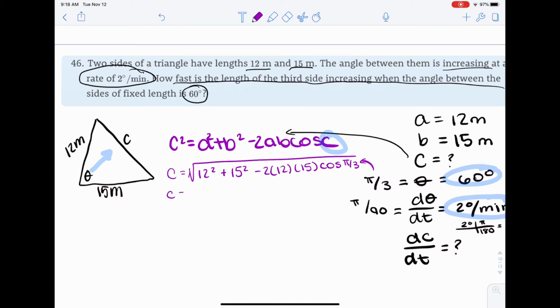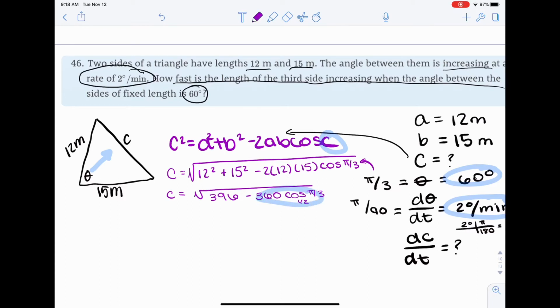So that's going to be C is equal to the square root of 396 minus 360 times the cosine of pi over 3. We know that the cosine of pi over 3 is 1/2. So we can just go ahead and say this would be 180. This right here is going to be 180.